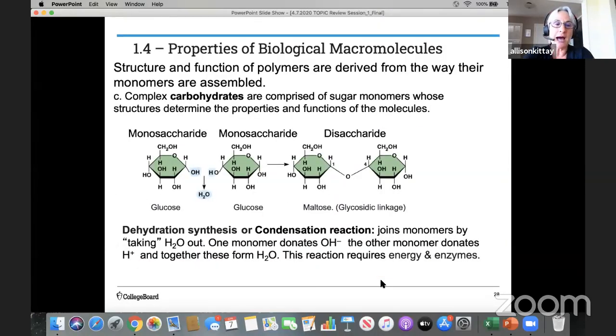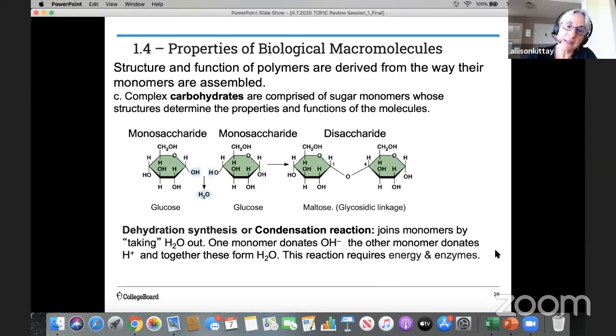So let's take a look at one more example of the carbs and their sugar monomers. In this case, we're showing you another dehydration synthesis or condensation reaction. We have two monosaccharides, glucose and glucose, and we're going to build the disaccharide maltose. We're going to do that by removing a water molecule.